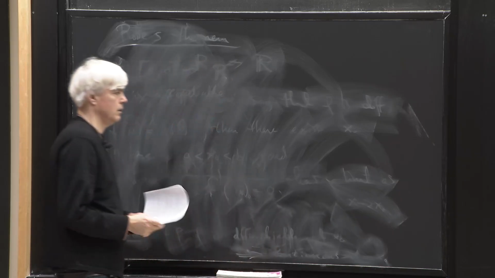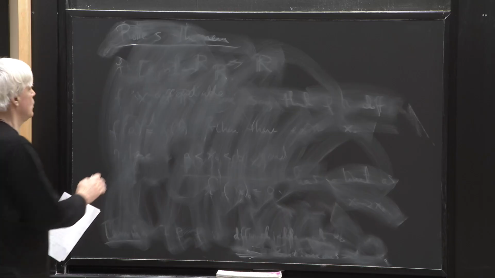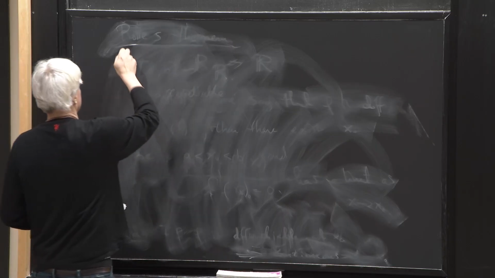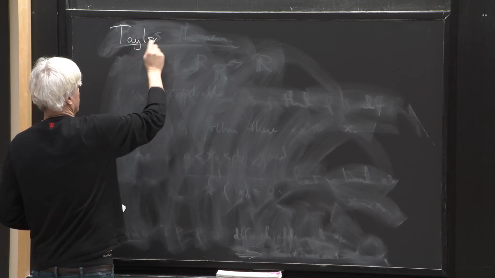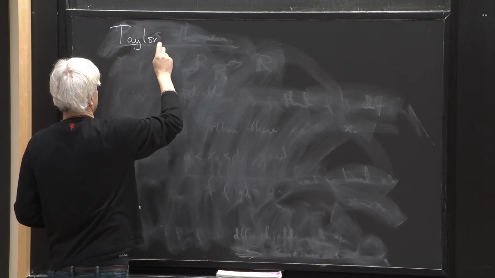Let me start with another consequence of Rolle's theorem, and then I'll come back to the Cauchy mean value. So Taylor expansion.